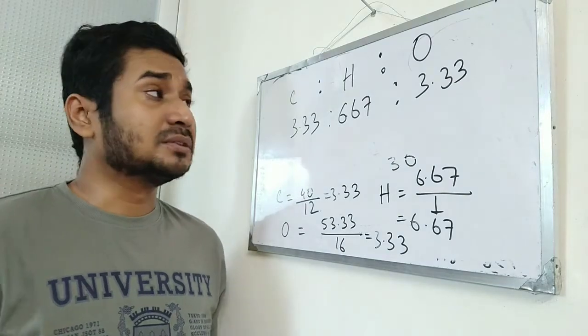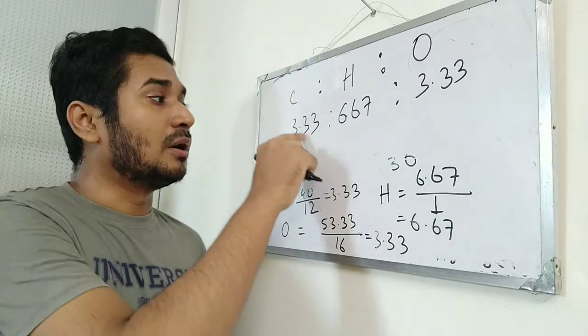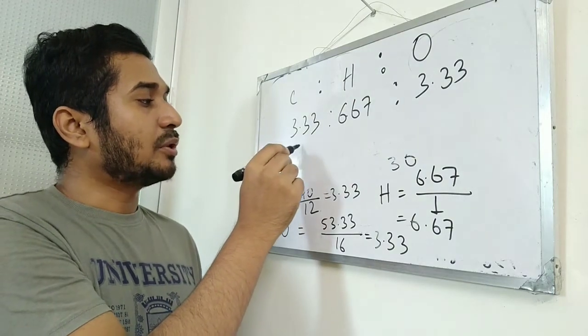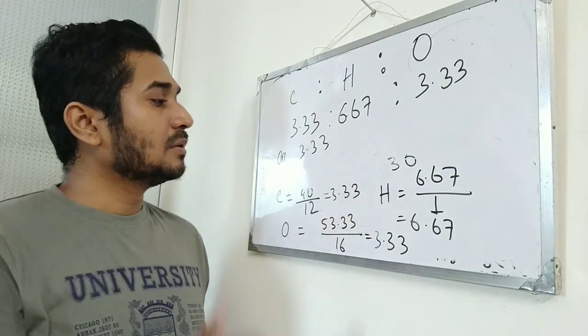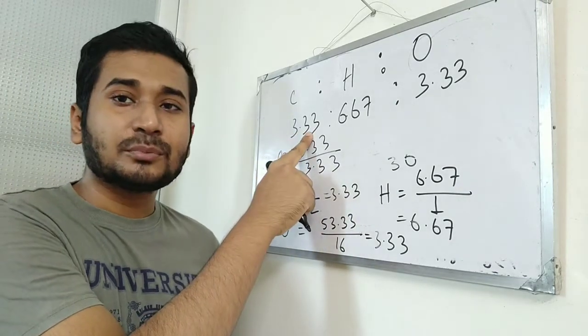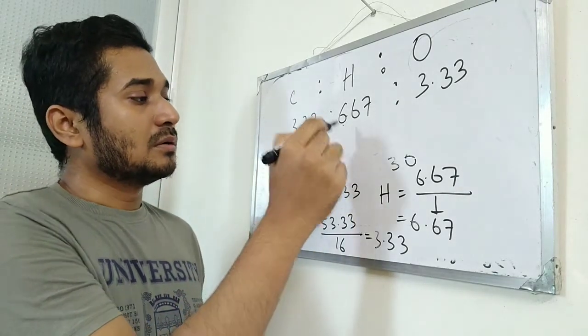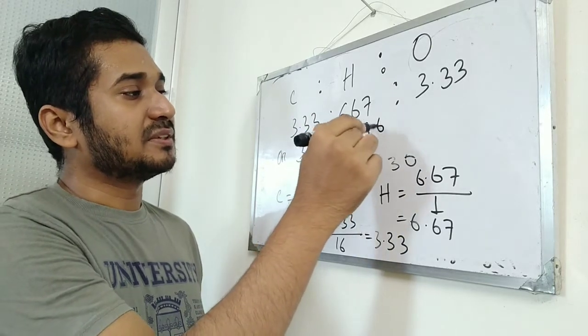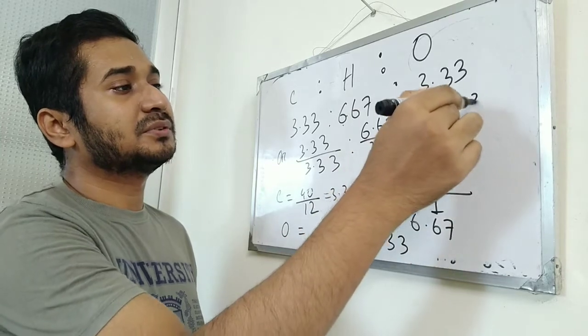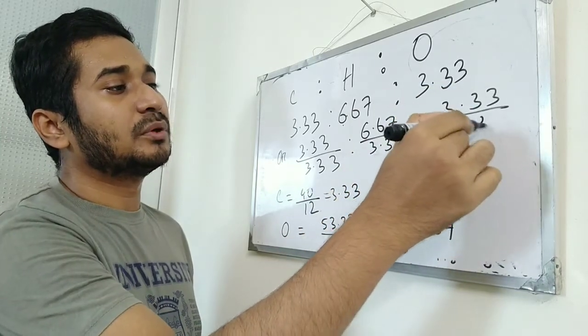So again you can divide by the lowest of these numbers, since the lowest number is 3.33. 3.33 divided by 3.33, 6.67 divided by 3.33 and 3.33 divided by 3.33.